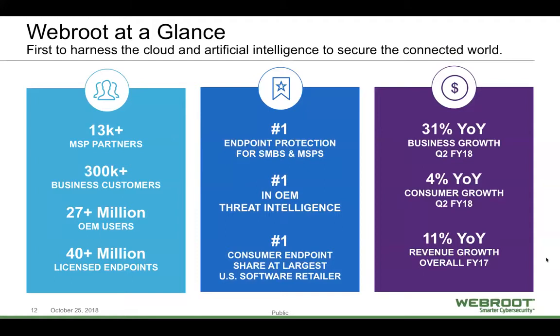With respect to BrightCloud and where it fits with Webroot, Webroot's been around as a company for about 20 years. We acquired BrightCloud 8 years ago, and with that, we acquired the tremendous capability to provide our machine learning threat intelligence. In connection with that capability, we have over 80 OEM threat intelligence partners. So in the center of this slide, you see reference to our being the #1 OEM threat intelligence provider in the world.